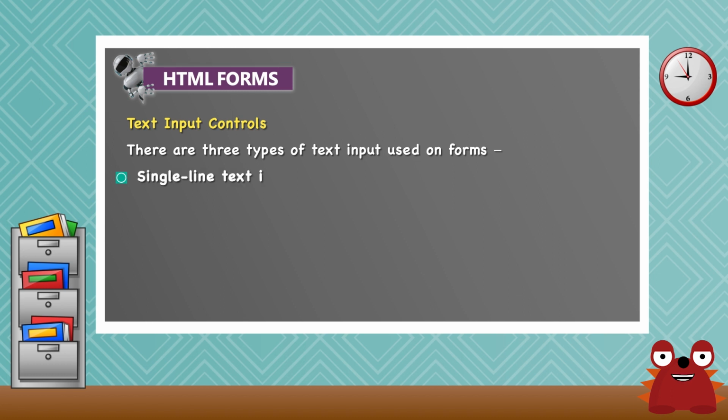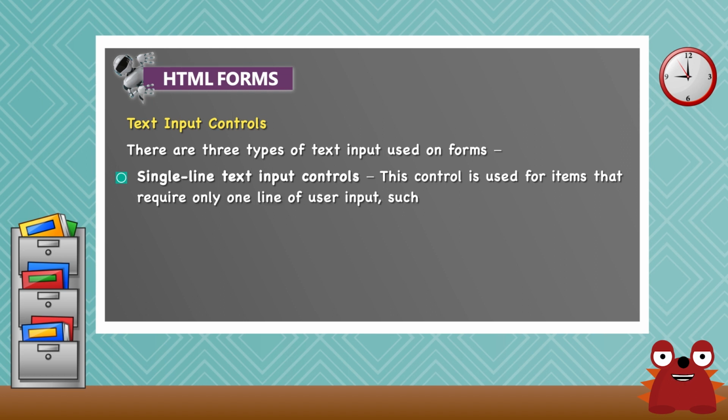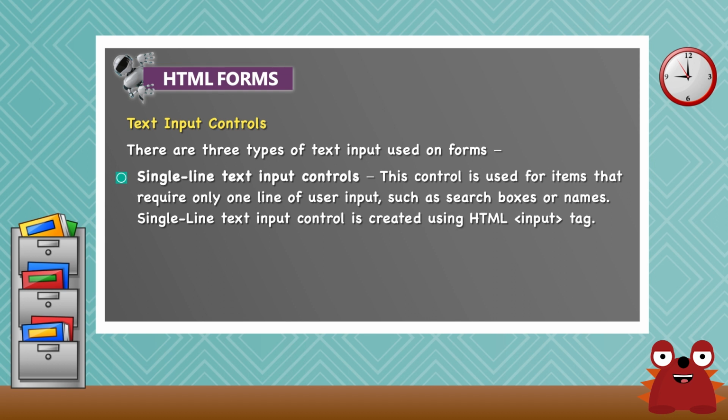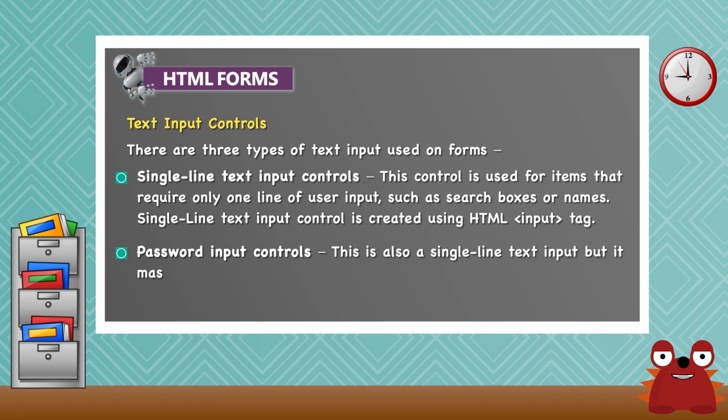Single line text input controls are used for items that require only one line of user input, such as search boxes or names. A single line text input control is created using the HTML input tag. Password input controls are also a single line text input, but it masks the character as soon as a user enters it.